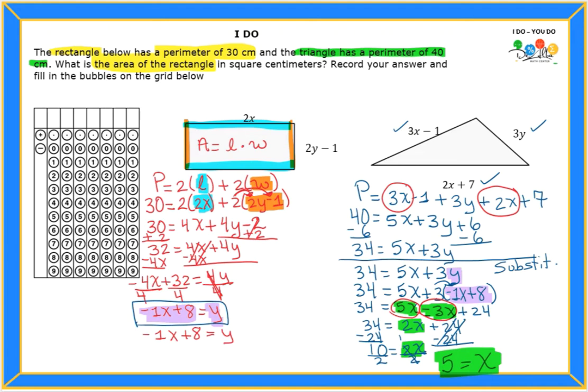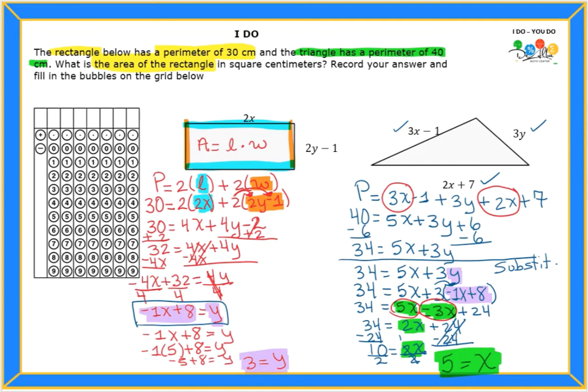But luckily for us, now I can substitute the x with a 5. And that will help me find the value for y. So negative 1 times 5 is negative 5. Negative 5 plus 8 gives me a what? Positive 3, right? So now I have the value for y. And the value for y is 3.